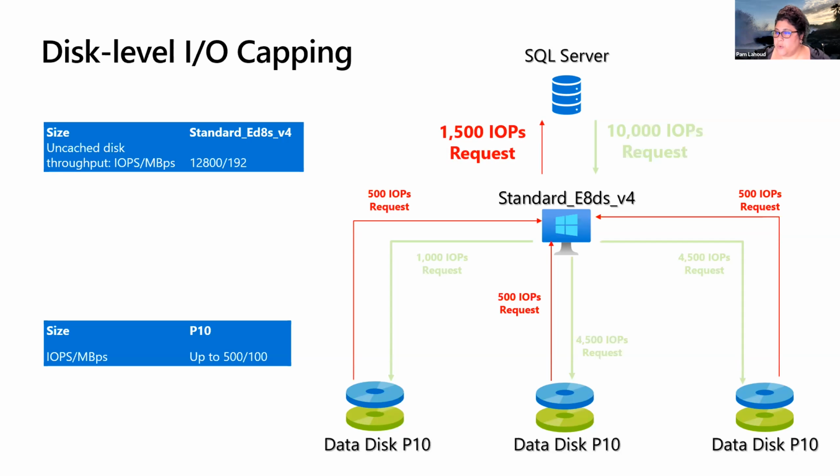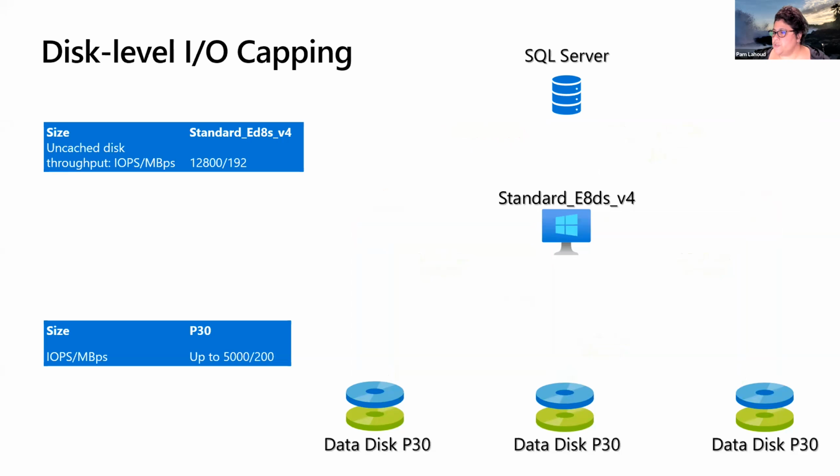So the way you would get around this problem is by creating better drives, right? Either adding more drives to a storage pool or somehow increasing the number of IOPS that are available at the disk level. So if we were to do this example again with P30s, P30 drives can support up to 5,000 IOPS and 200 megabytes per second.